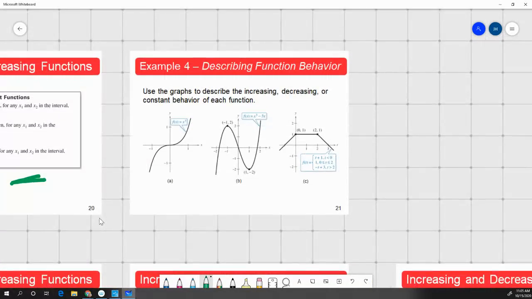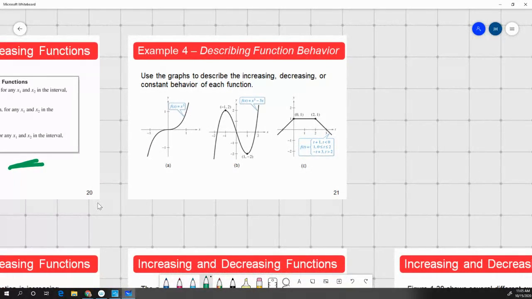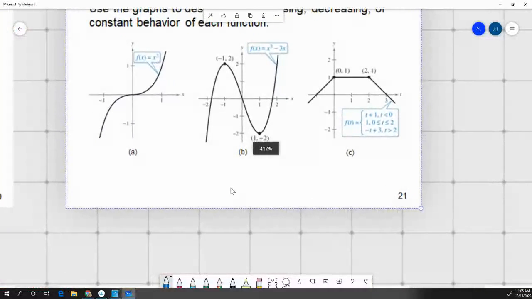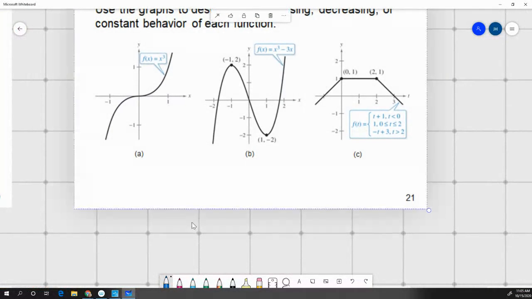So I'm not going to go into a long extended description of the definition because we've already talked about that. When we're talking about increasing, decreasing, or constant behavior of each function, if we look at these different graphs, we can see what's going on.